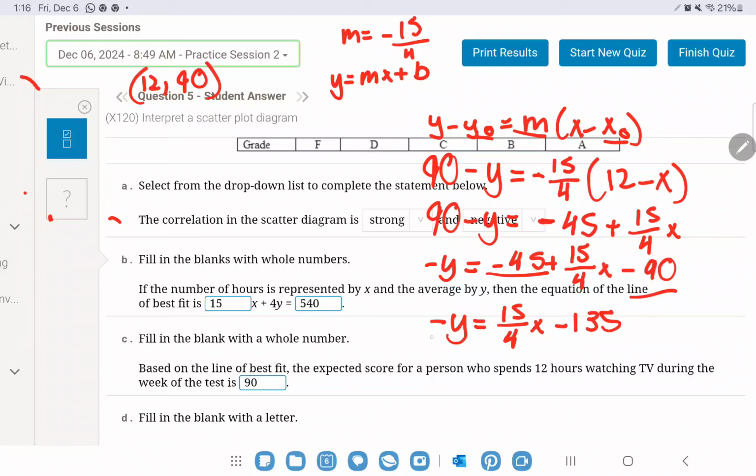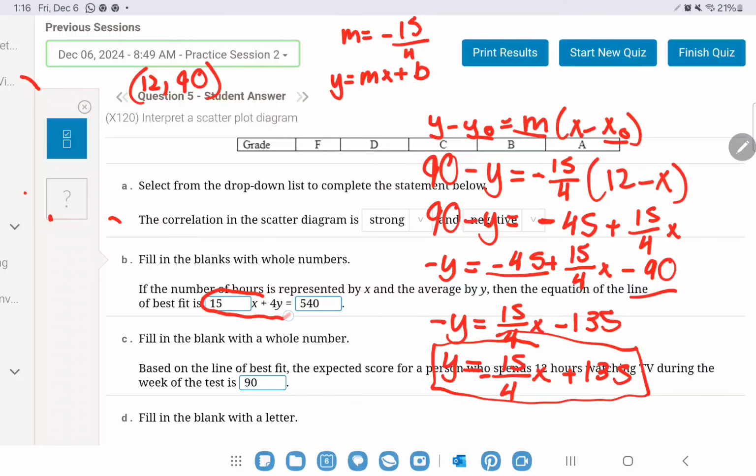Now you need to make the y positive. So y equals negative 15 over 4x plus 135. Now you'd say we have our equation in y equals mx plus b. But now what do they want? They want the best fit line where you have x and y on the same side and y has a coefficient of 4. What that means is you have to move your x to this side and multiply everything by 4.